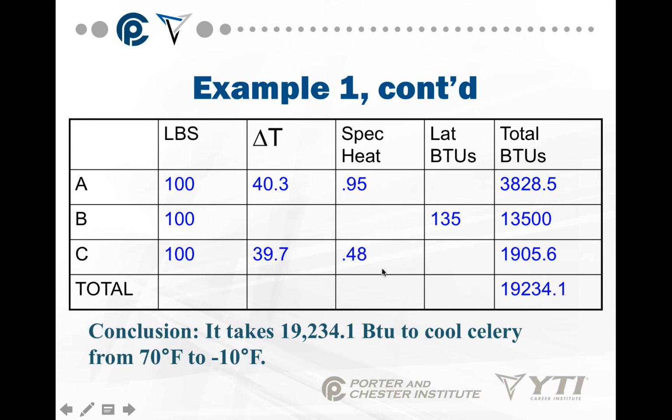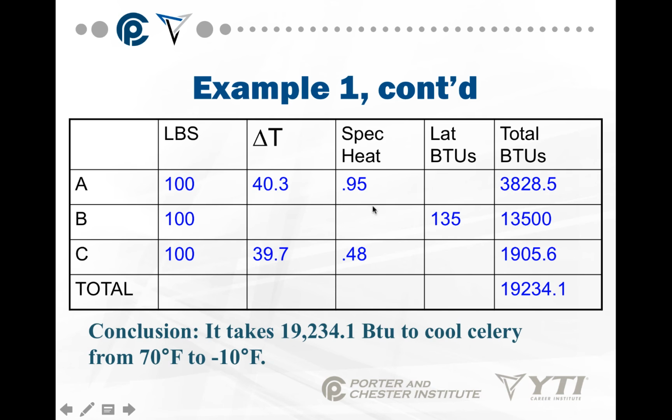Then my specific heat change for frozen celery: I have 100 times 39.7 times 0.48, and that gives me 1905. Add it all together, and it takes 19,234.1 BTUs to cool 100 pounds of celery from 70 degrees to -10.